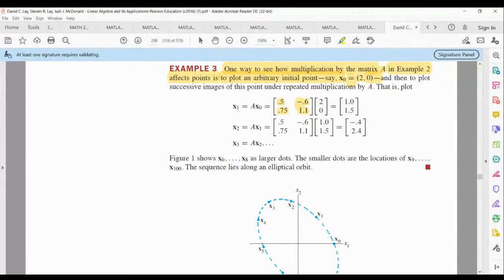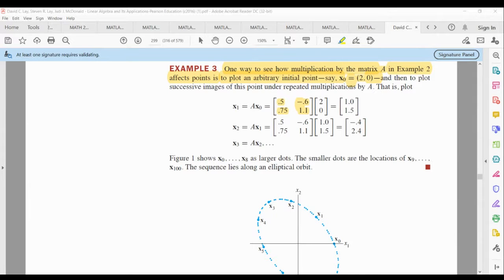In the picture below, the vector x sub 0 is at 2, 0. When you multiply it by A, it moves that point to the vector x1, which is 1.0 and 1.5.